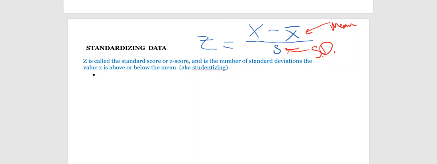I'm going to give you a little bulleted list of facts about this. So the first thing you want to think about is that it behaves like a ruler. It's how many ticks on the ruler you go away from center. The standard deviation is our unit of measure, and Z is our number of ticks on the ruler.